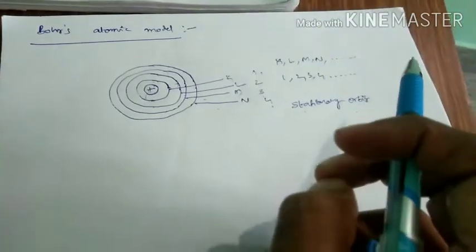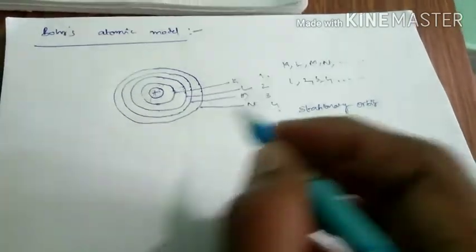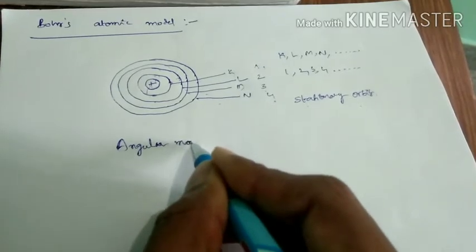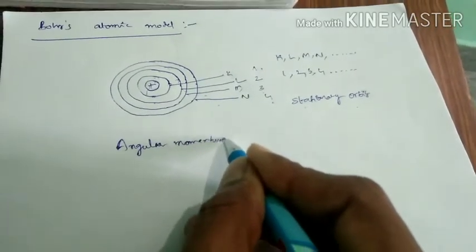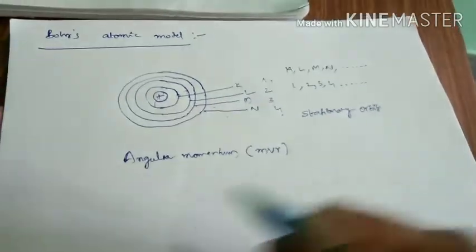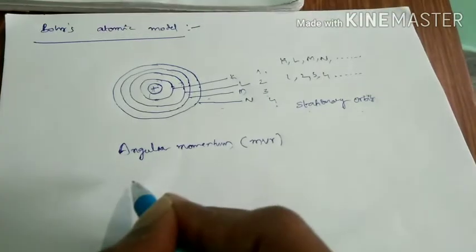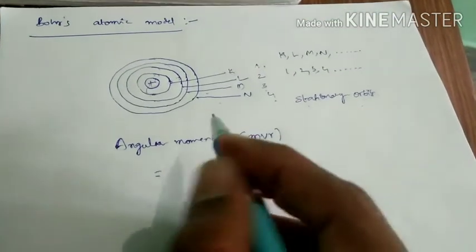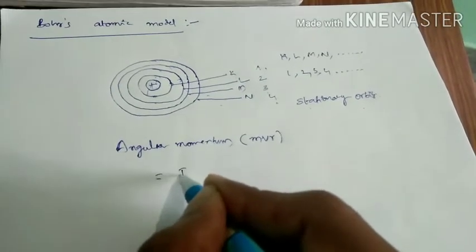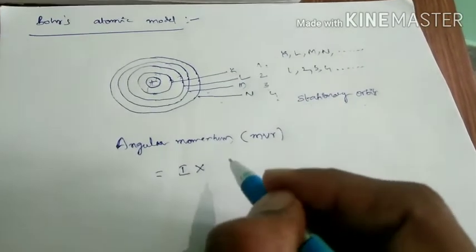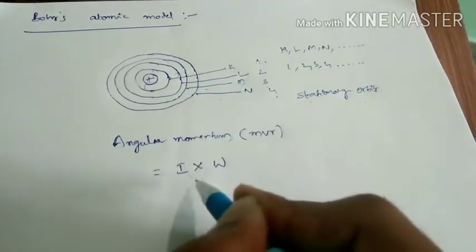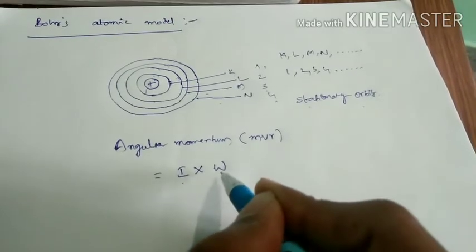And the last point, that is the angular momentum. Angular momentum is represented by mvr. Actually, the formula for angular momentum is the product of moment of inertia, represented by I, and angular velocity.